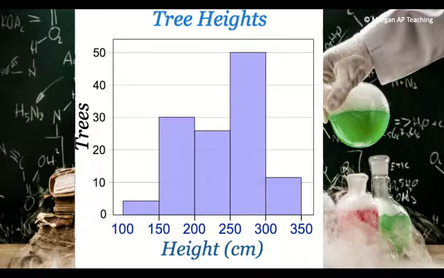So how many trees do we have between 100 and 150 centimeters? We have 4-ish. Between 150 and 200, we have about 30. So that's kind of the data. We have 50 trees between 250 and 300. That's our highest. This is the descriptive statistics.